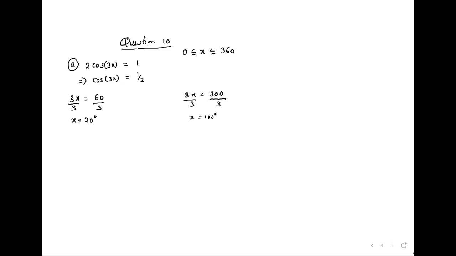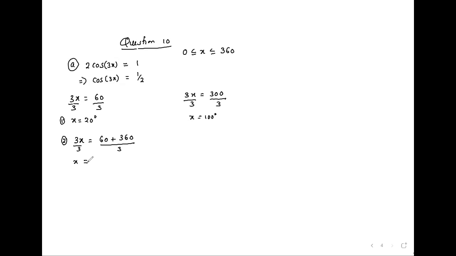So we need 2 more from this x equal to 20. So we get the coterminal. This is the first solution. The second solution will come from 3x equal to 60 plus 360, and then we'll divide it by 3. So we have gotten the first coterminal. So x is equal to 420 divided by 3, is it?